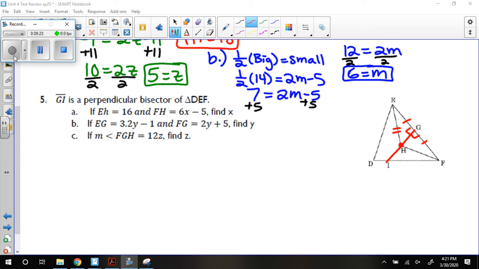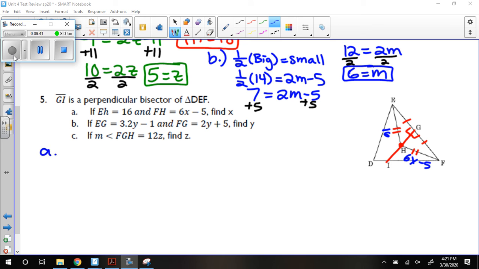So H to E and H to F are congruent to each other. So you are told EH is 16, and that FH is 6x minus 5.